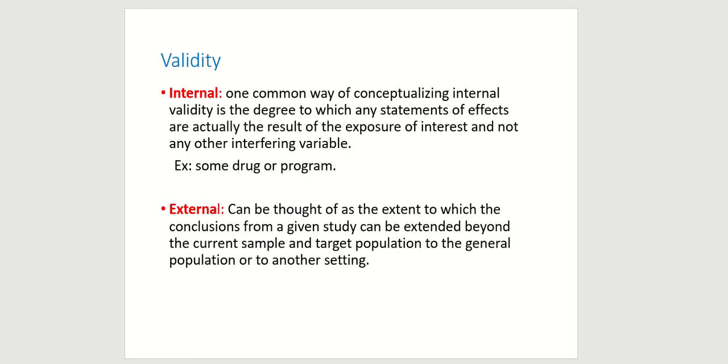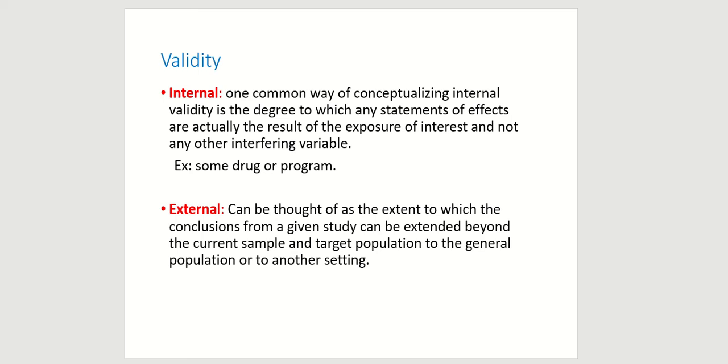So, internal validity. One common way of conceptualizing internal validity is the degree to which any statement of the effects are actually the results of the exposure of interest and not any other inferable variable. Internal validity means that your study is actually protected from internal threats, meaning that you really are able to detect the association between the exposure and the outcome.